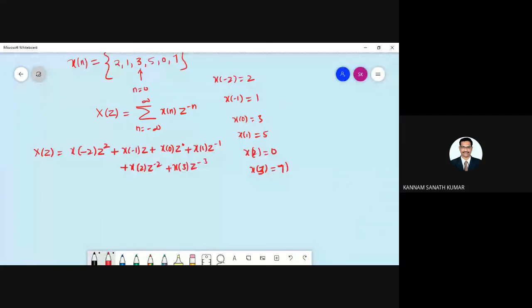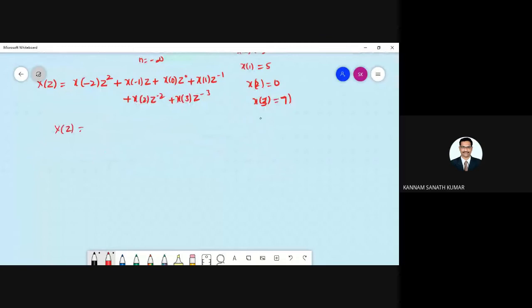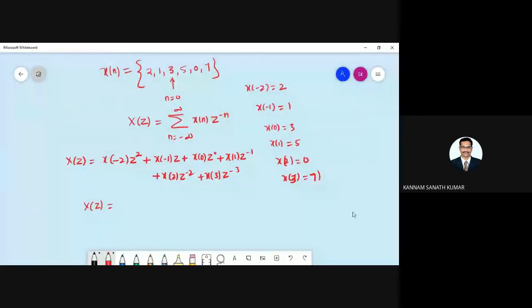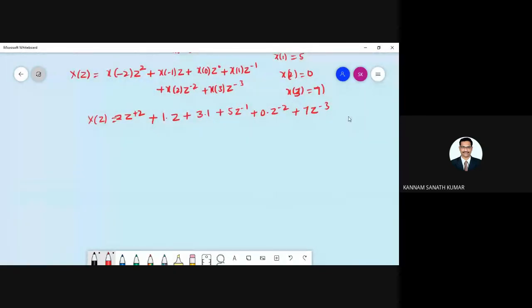Now x of minus 2 equal to 2, so 2 into z power 2, plus 1 into z power 1, and x of 0 is 3, z power 0 is 1, plus x of 1, 5 into z power minus 1, plus 0 into z power minus 2, plus 7 into z power minus 3. So x of z equals 2z squared plus z plus 3 plus 5z inverse plus 7z power minus 3, since the 0 term vanishes.